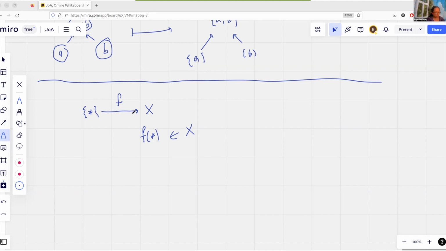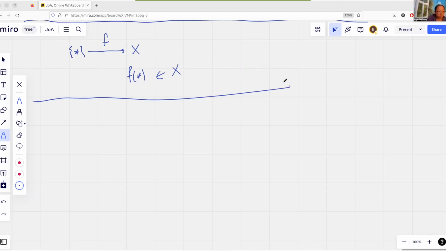Okay, so now we're back on this question about the square of forgetful functors. It goes from rings, where a ring has a group structure and a monoid structure.